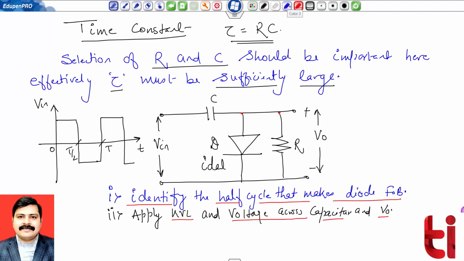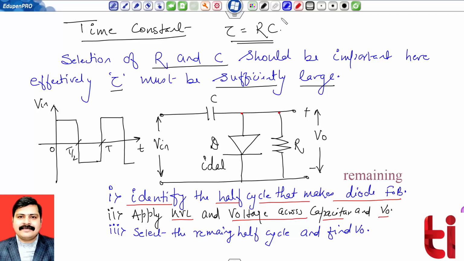Now the next step is to select the remaining half cycle and find V0. This is simple. Whatever the remaining half cycle, do the same thing: apply KVL and find the value of V0. And last, plot the output waveform.